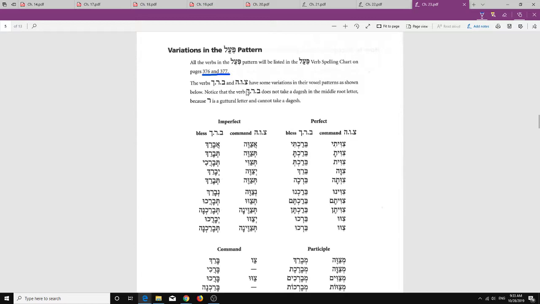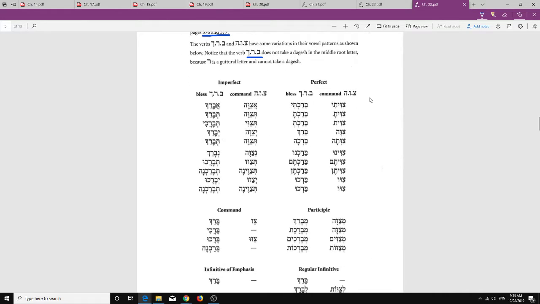Okay, so as we go down, notice this verb does not take a dagesh because our resh rejects dageshes just like the other gutturals do. So let's see this.